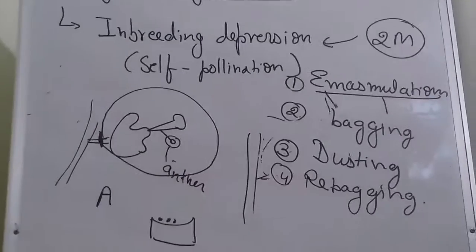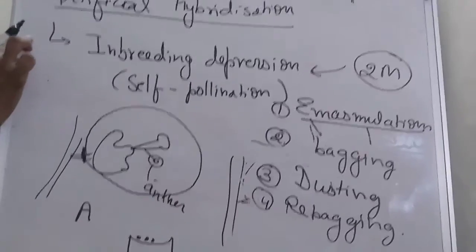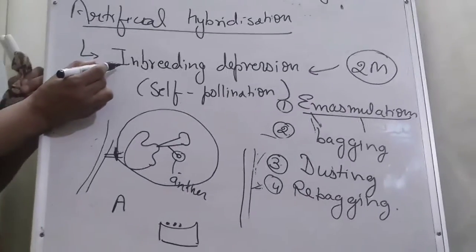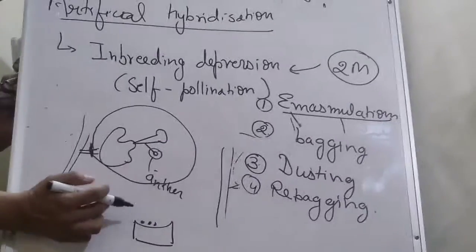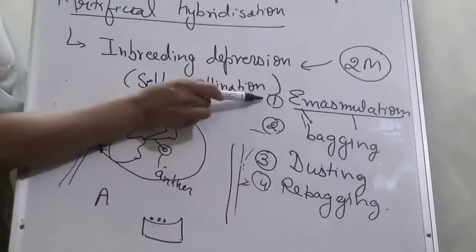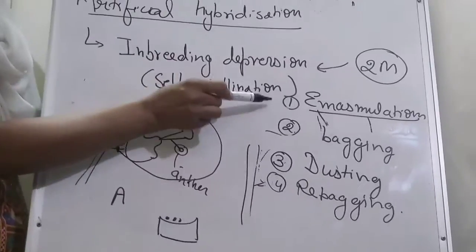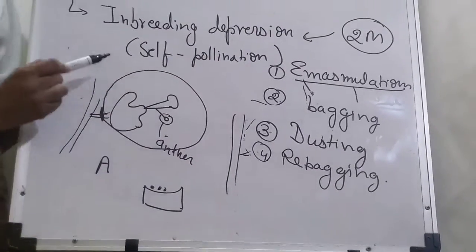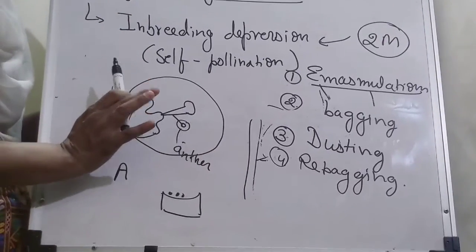They ask for the steps of artificial hybridization, and the purpose is to overcome inbreeding depression. The steps are: emasculation, removal of the anther. Then bagging, to prevent contamination.